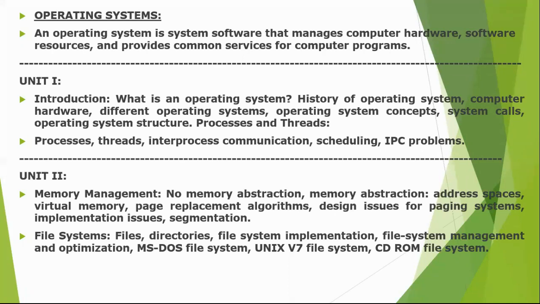Then operating system concepts, system calls, and operating system structure, which includes the layered approach, the kernel approach and so on. Then processes and threads, a very important topic in operating systems, inter-process communication, scheduling, and IPC problems. Basically in unit 1, two or three chapters are there, depending upon which book you are using.